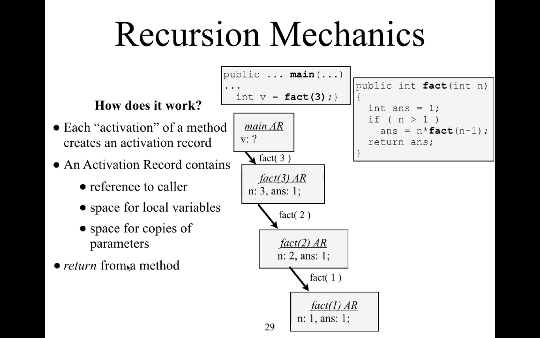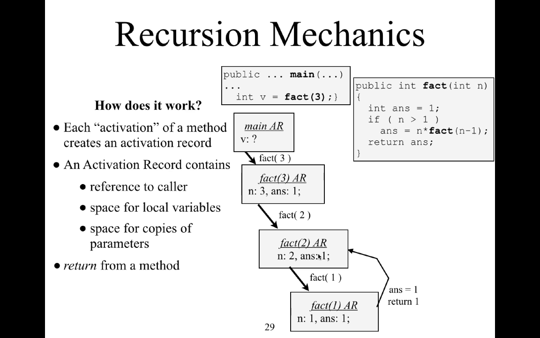When a method returns, the return value is passed back to the caller, and the reference to the caller means that the Java runtime support, or the code generated by Java, knows how to do that, because it has a reference to where the caller invoked the called program.